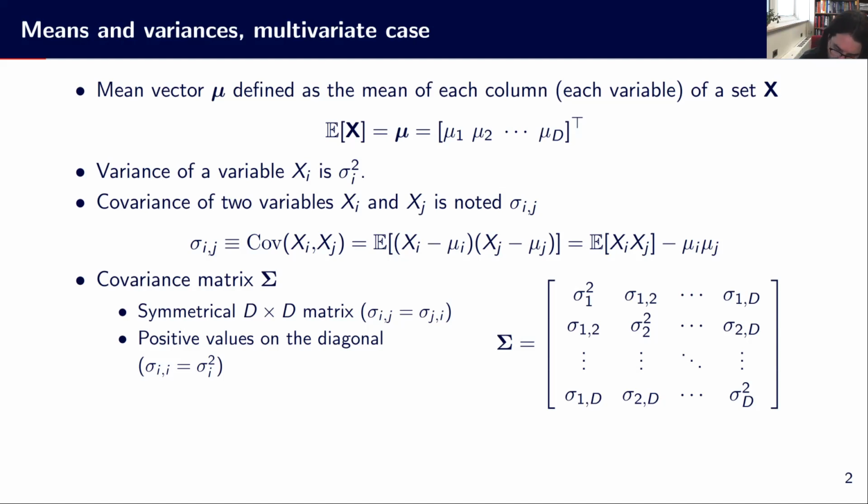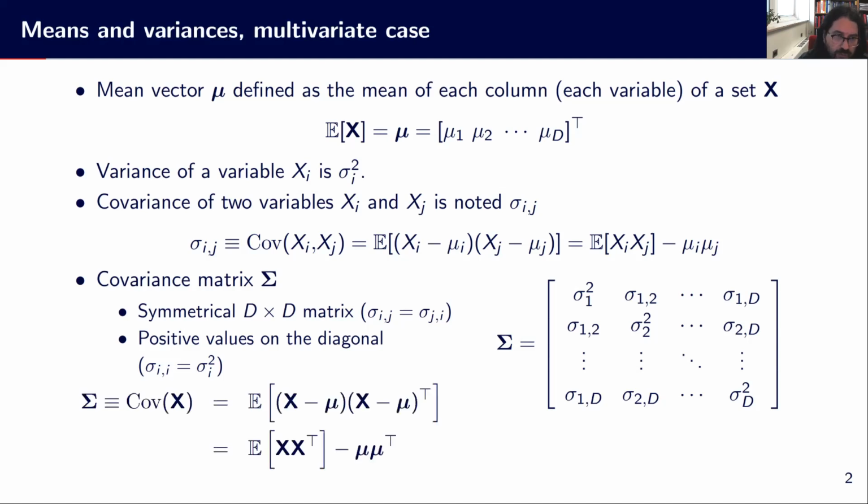So here we see that sigma 1,2 is the same on both sides of the diagonal. And we have on the diagonal the variance itself, sigma i squared. This corresponds to the variance of the variable.